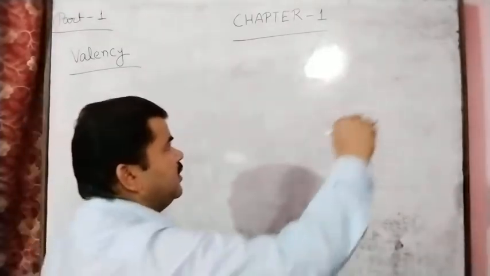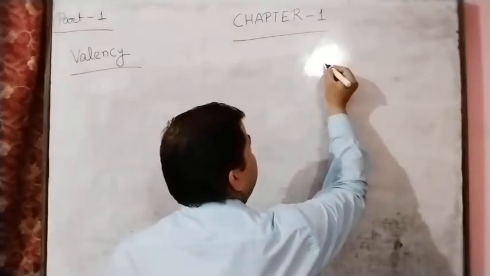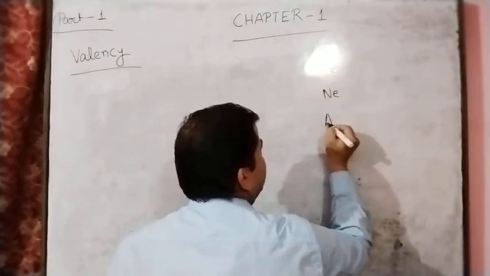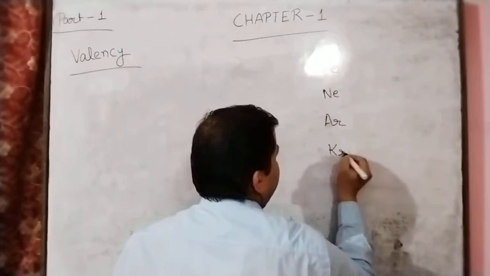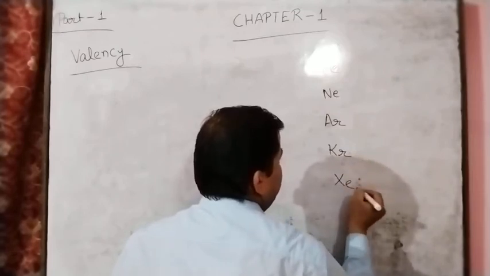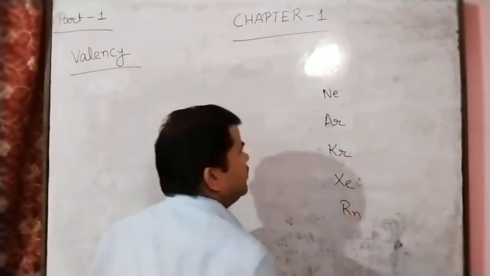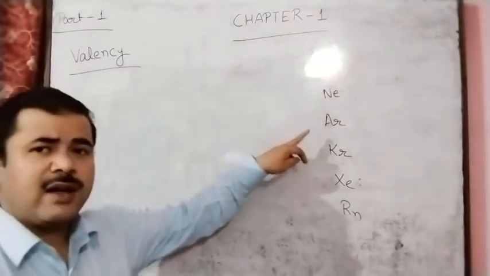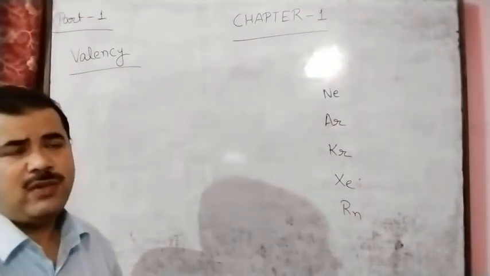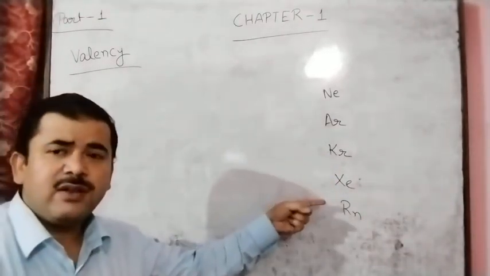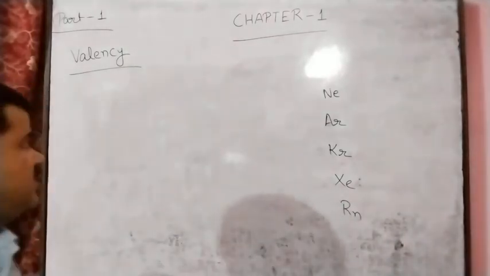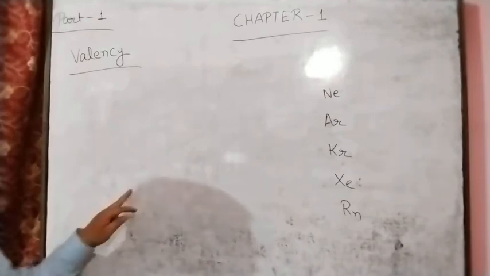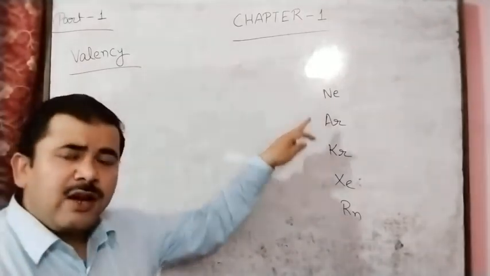So here we have helium, neon, argon, krypton, xenon, radon. These elements are stable, and they are called noble gas elements, or inert gas elements, because they are totally stable.